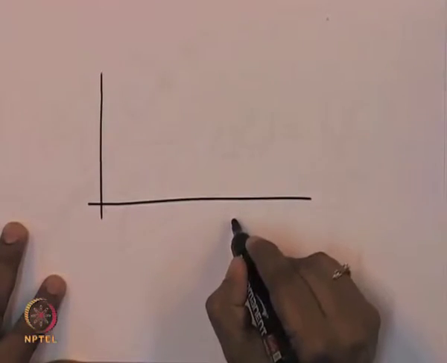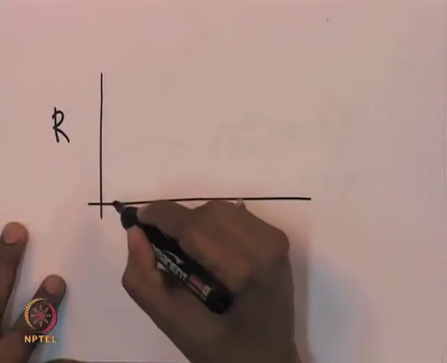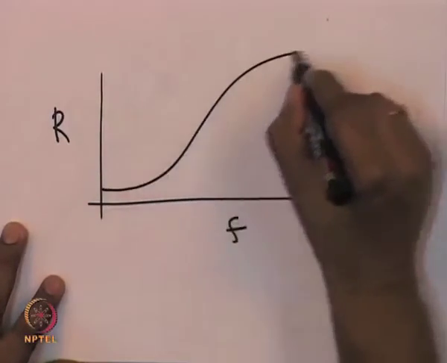Now, we will do a detailed calculation later by applying real force to a single stranded DNA and calculating the partition function, and from that we can calculate the exact relation between force and R. We can calculate the F versus R relation, which will look like this.